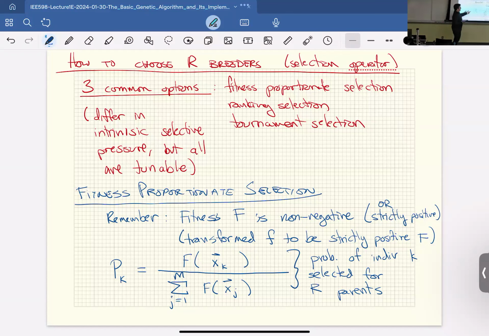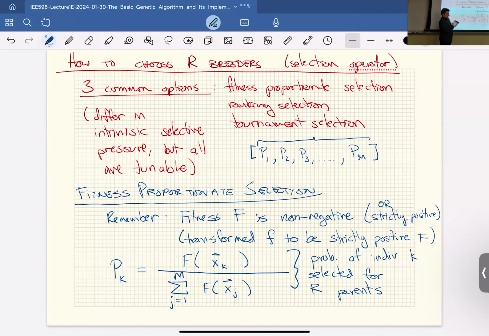The idea is that you can generate these M probabilities and put them on a line. The simplest way to do this is to create a line where you've got P1, P2, P3, all the way up through PM, and these will all sum to 1.